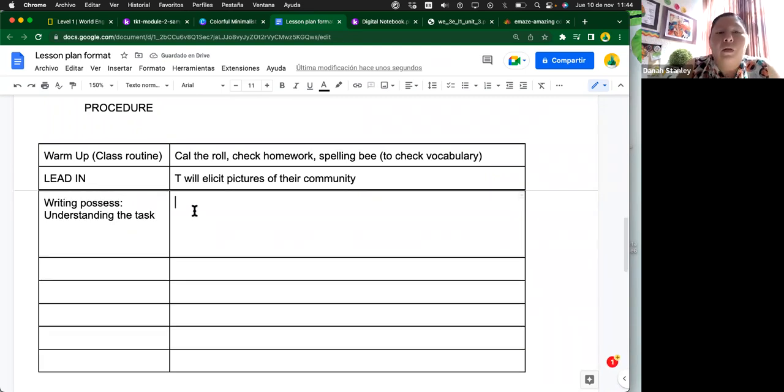In here, what the teacher will do. Teacher and students will identify keywords and information in the task instructions.